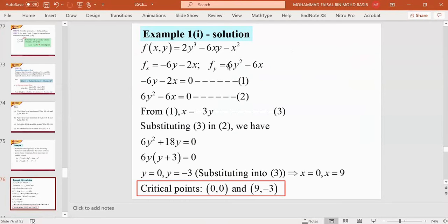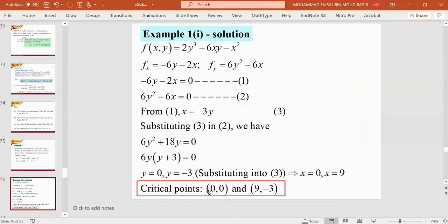For fy, 6y squared minus 6x. And then equate both to 0. Equate this with 0, equate this also with 0. So you can solve for x and y. I'm sure that you have to master this. Okay. So here you will get 2y, which means you will get 2x also.